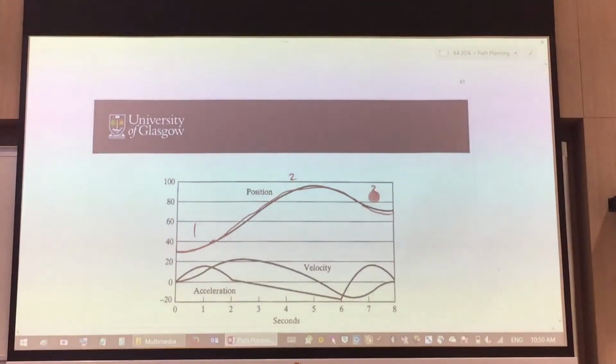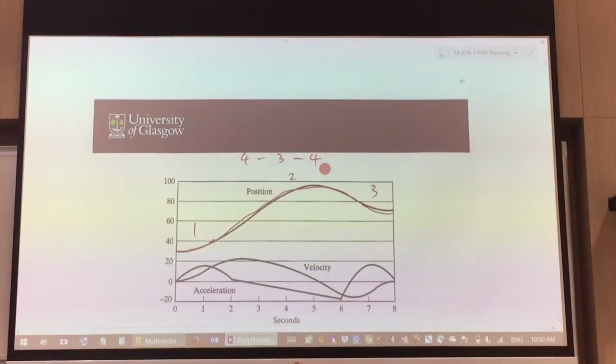First, second, third section in a 4-3-4 trajectory. Actually at 2 seconds. So here is your first segment. Your second segment is going to be here. This is your second segment. Third segment is going to be over here.